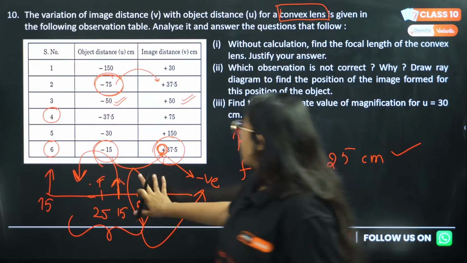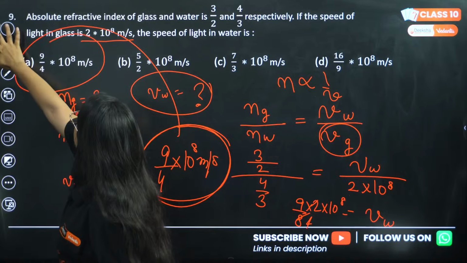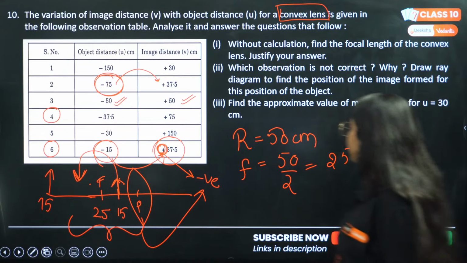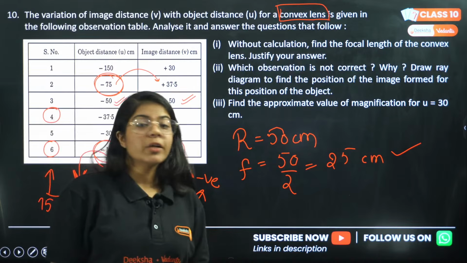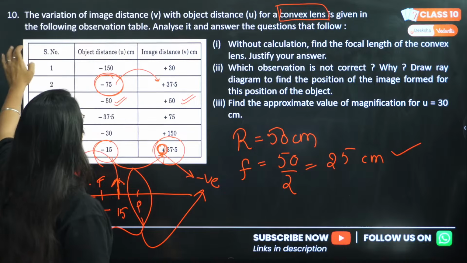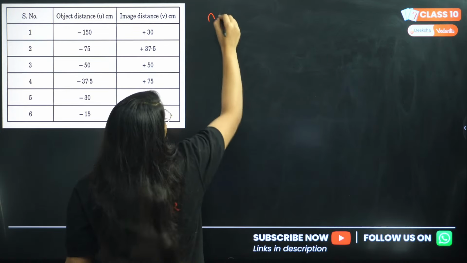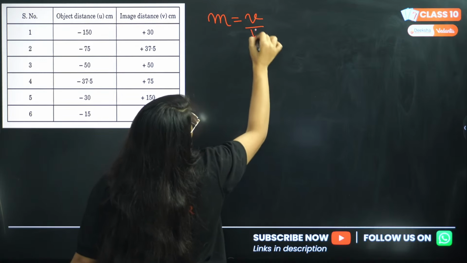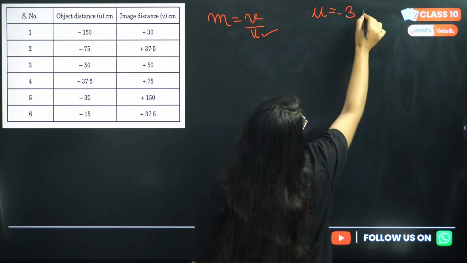Now, the other part says, find the approximate value of magnification for u equals 30 centimeter. So see, magnification for a lens was v by u. We have u which is given as minus 30 centimeter.